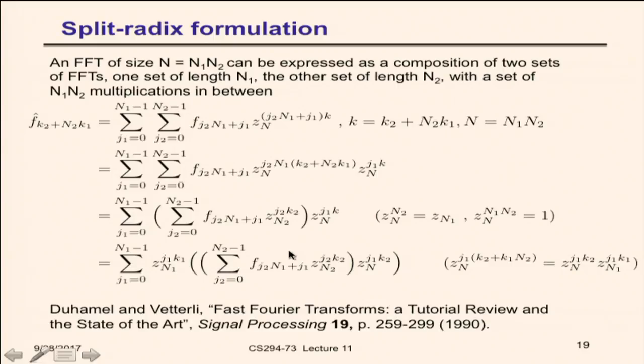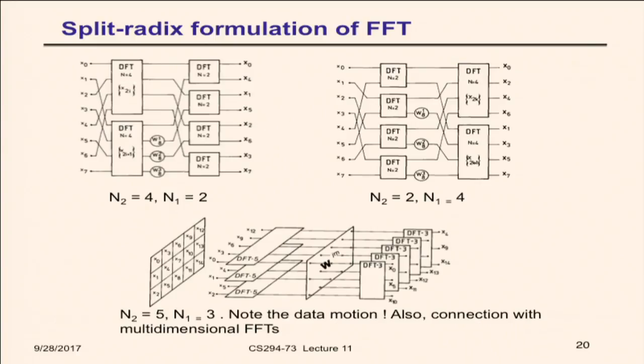Let me show you a picture of what this is. If you have n2 equal to 4 and n1 equal to 2, what are you doing? You take all of the even points and do a discrete Fourier transform of length 4. I'll take all the odd points and do a discrete Fourier transform of length 4 on them.